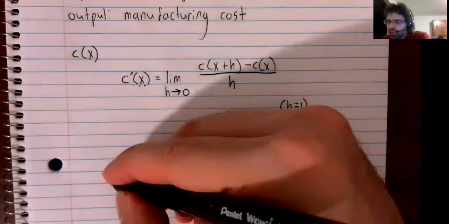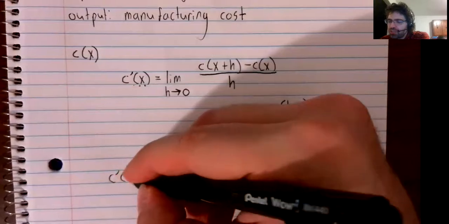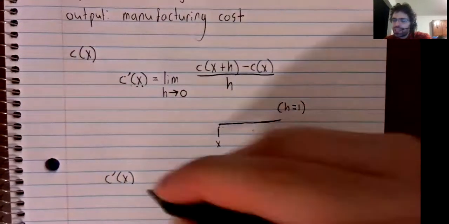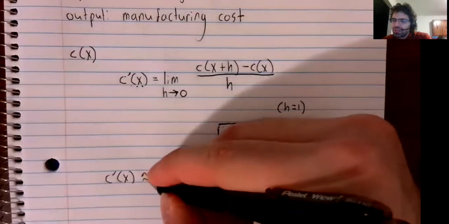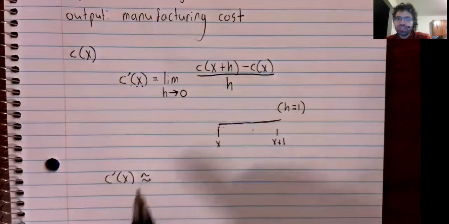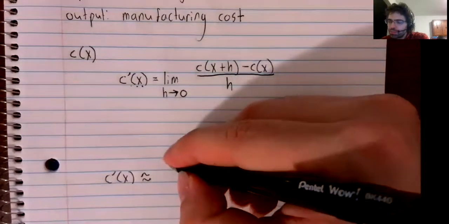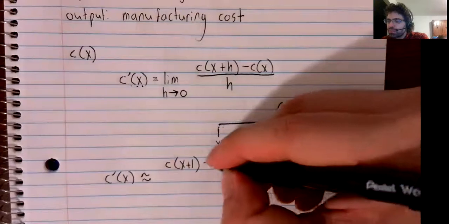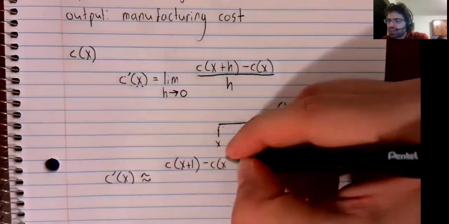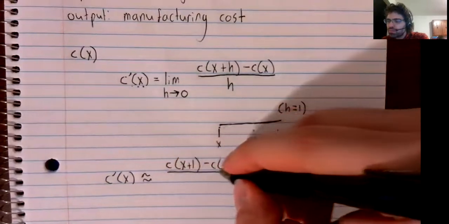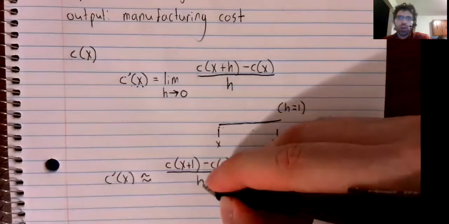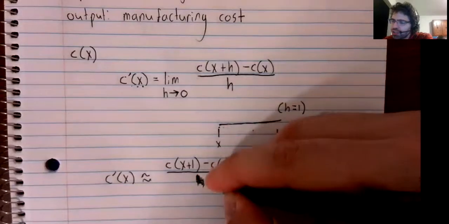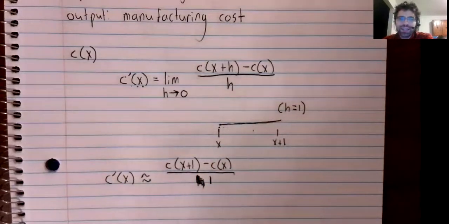And that intuition gives us the following, that the derivative evaluated at x is approximately equal to C of x plus 1 minus C of x, all divided by h. Sorry, h is 1 here.